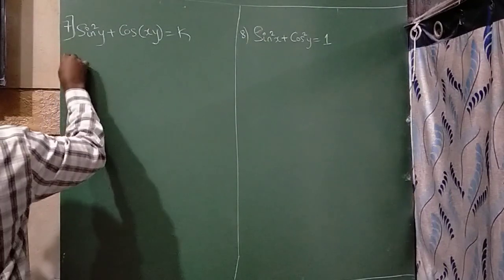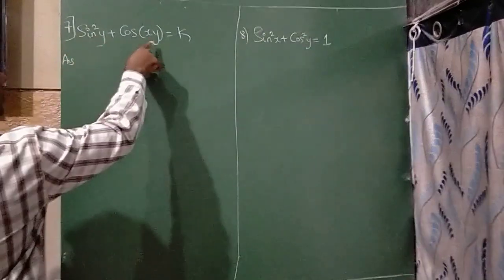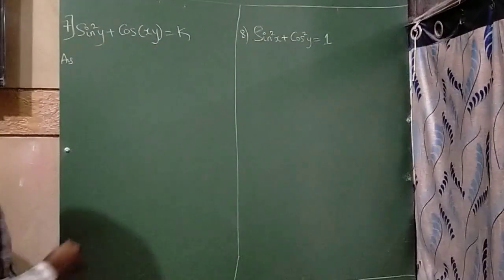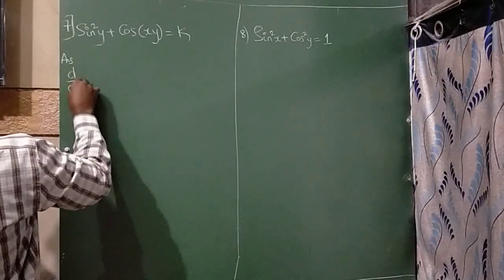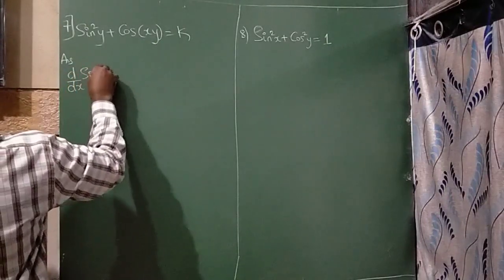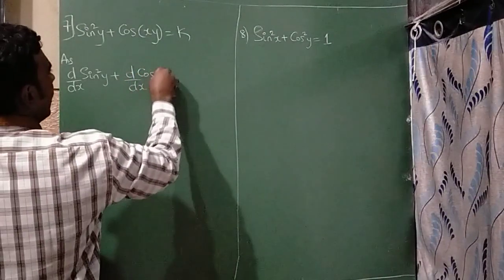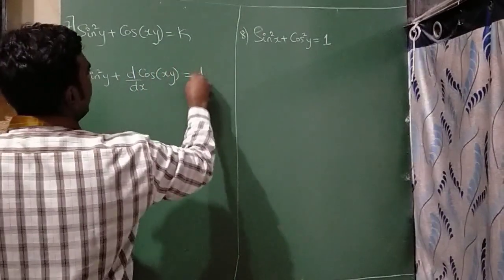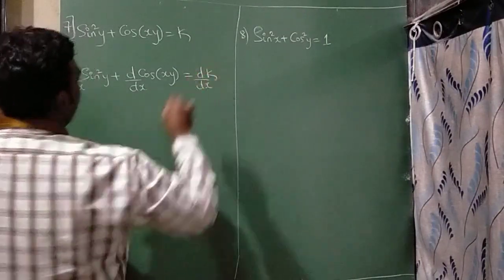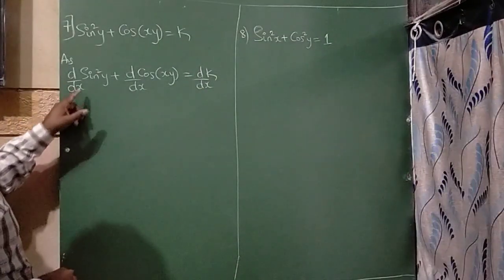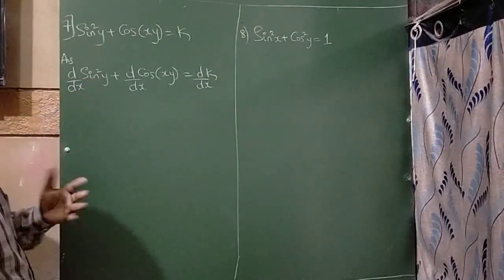So seventh question is sin²y + cos xy = k. So d/dx of sin²y plus d/dx of cos xy and d/dx of k. We don't have d/dx of sin²y formula.